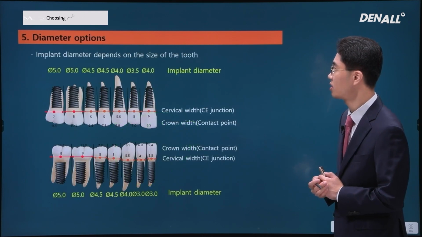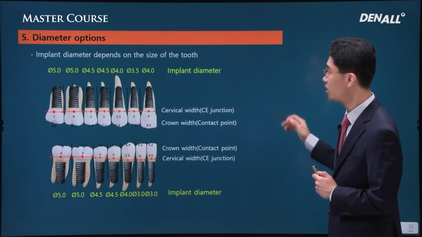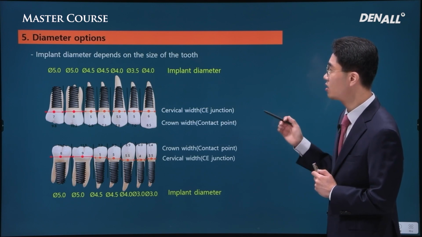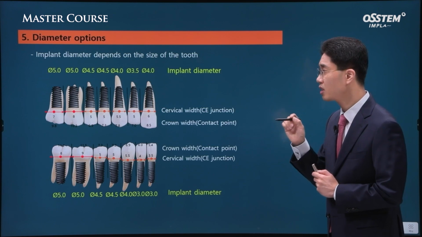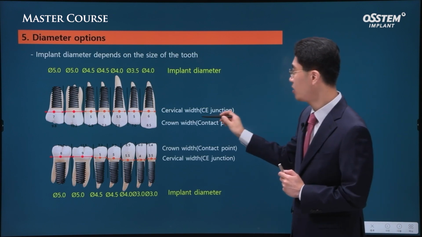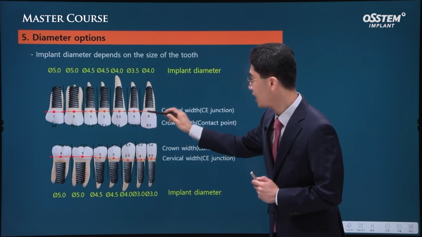Let's look at the overall image. The surgeon chooses this kind of diameters because the implant should be placed in line with the diameter of the natural tooth.